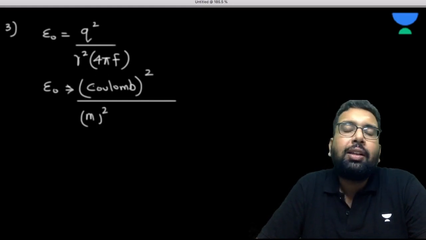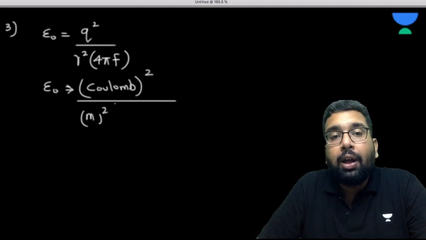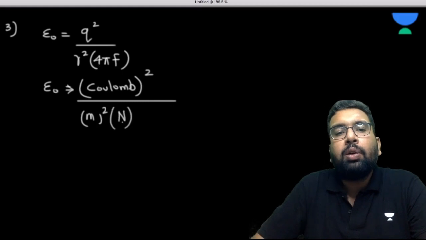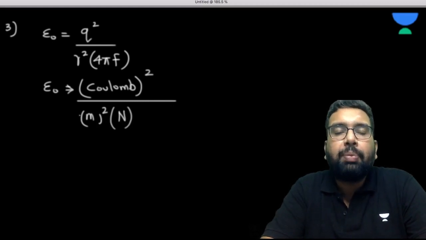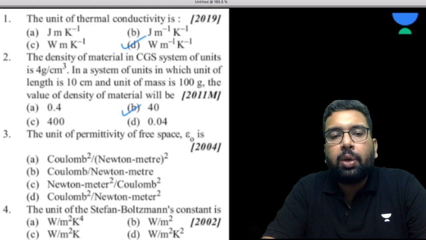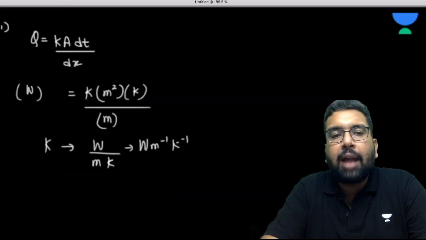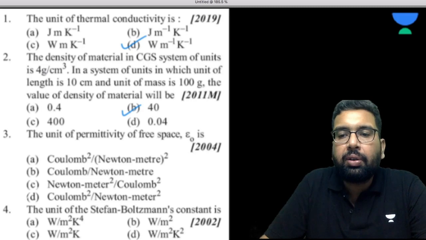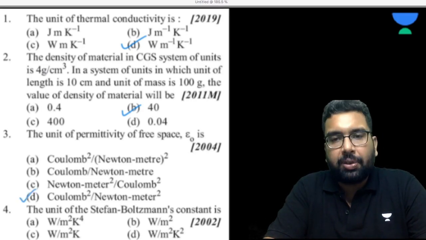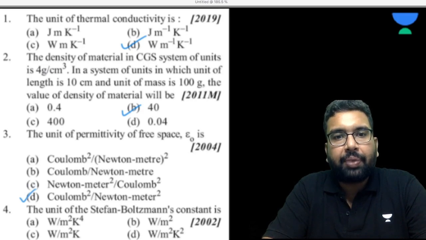It is dimensionless, a constant, a number. And what is the unit of force? Force unit is N. So the unit of this permittivity is coulomb square divided by Newton meter square. So what is the option? We are getting the D option. I hope it is fine to everyone. Right? We are getting option D.